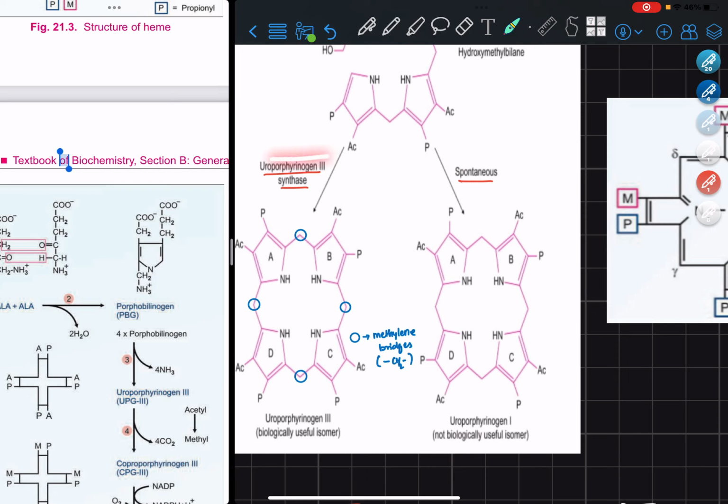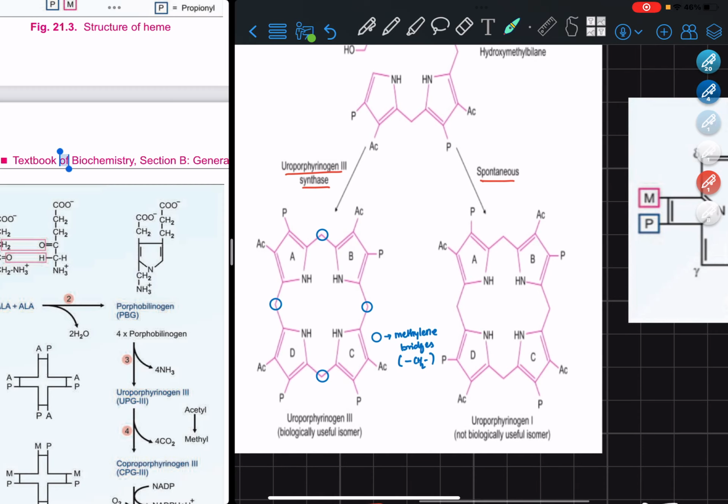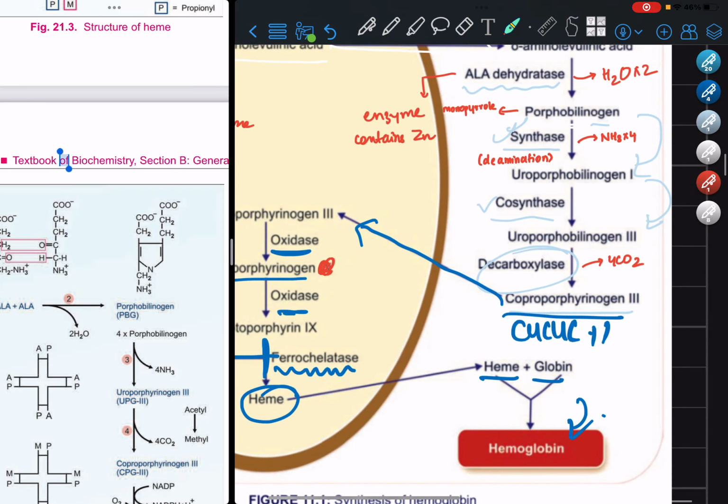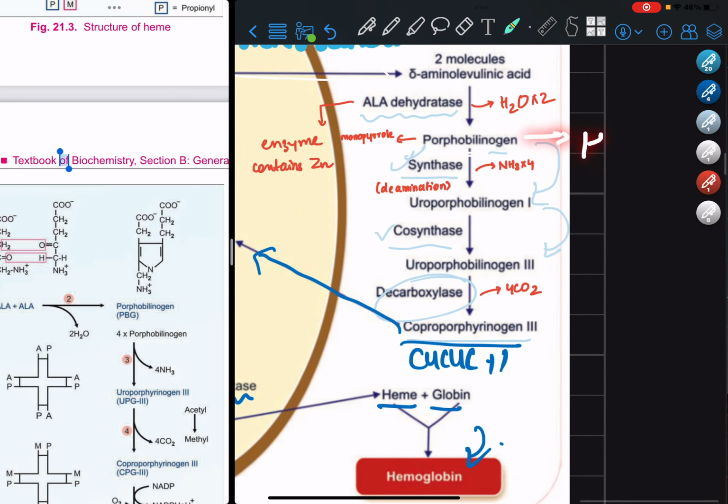But in the presence of the enzyme UPG3 synthase, you get UPG3, or uroporphyrinogen 3, which is a biologically useful isomer, which you can see here, right? So this reaction that I just showed you here, first porphobilinogen gives HMB, then it gives either UPG1 or UPG3 depending on the presence or absence of the enzyme.